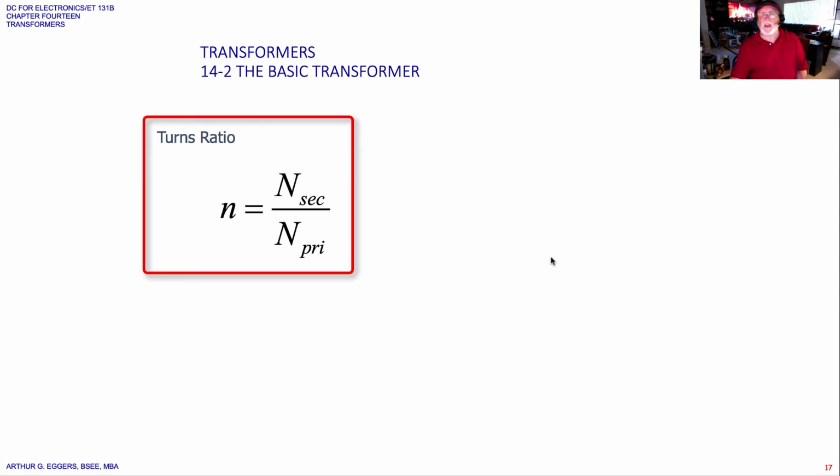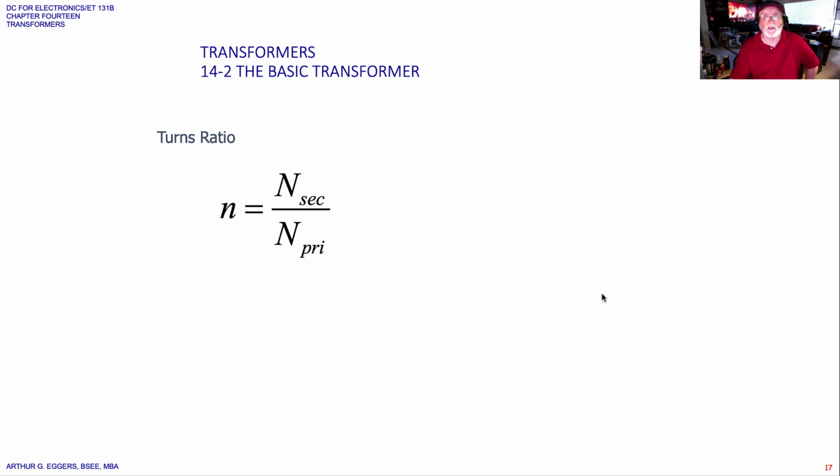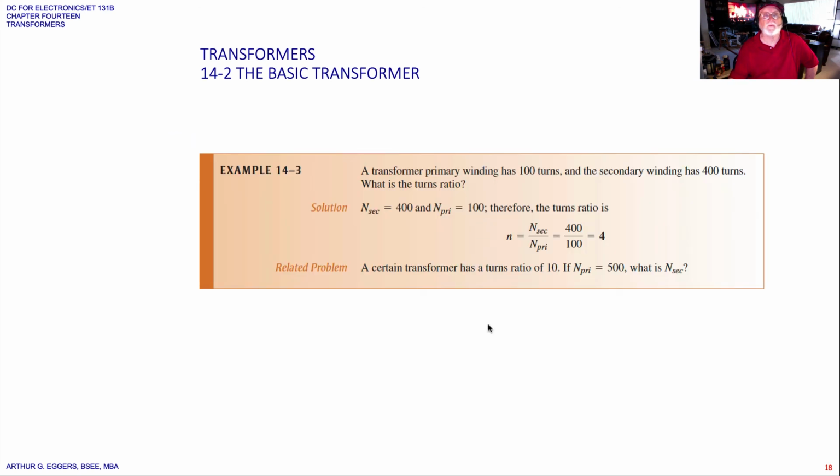So let's look at what effect the turns of a primary and secondary have. We come up with something called the turns ratio. The turns ratio, lowercase n, is the ratio of the secondary in the numerator to the primary in the denominator. So these are the number of turns on a particular device. If we look at an example here, a transformer primary winding has 100 turns.